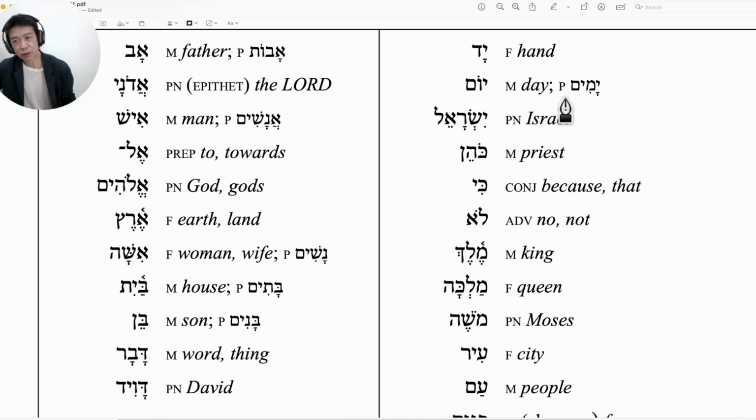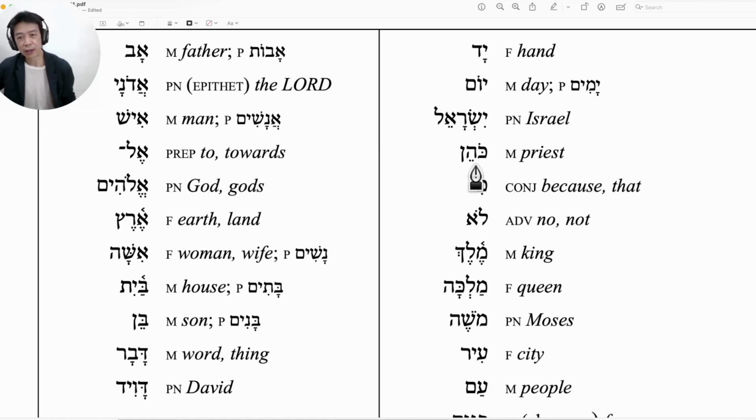For plural is yamim. The third word is Israel.